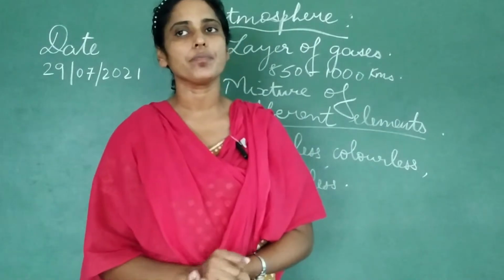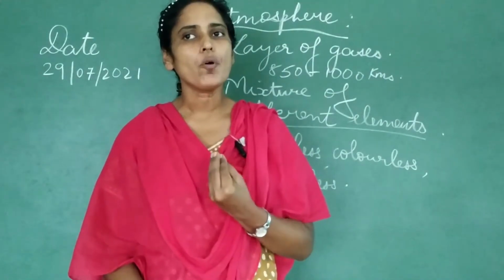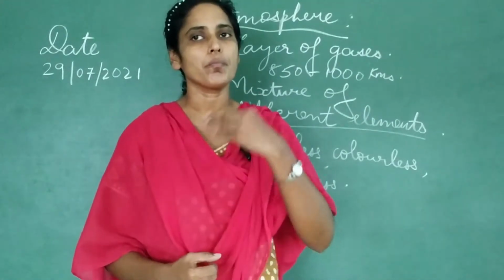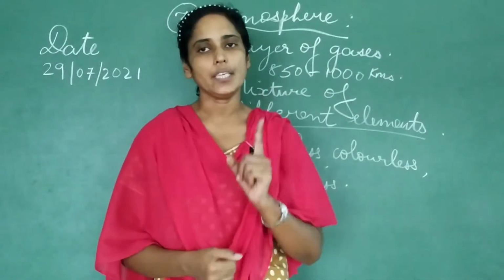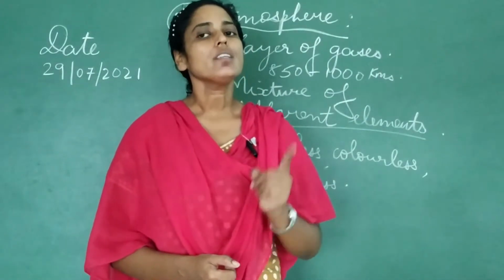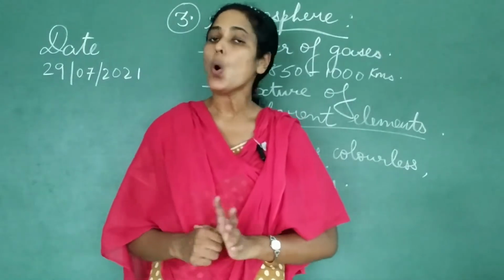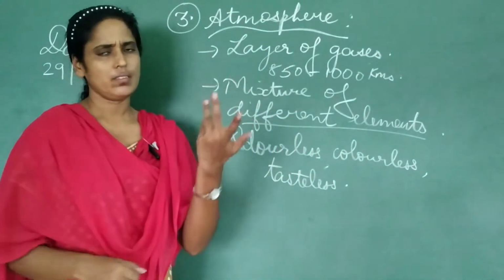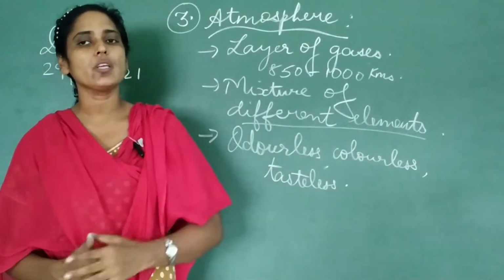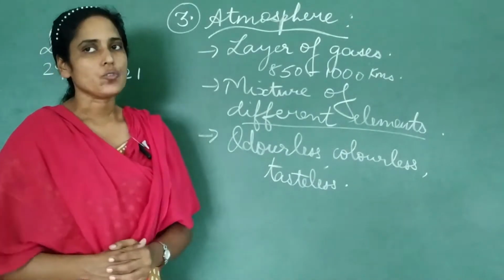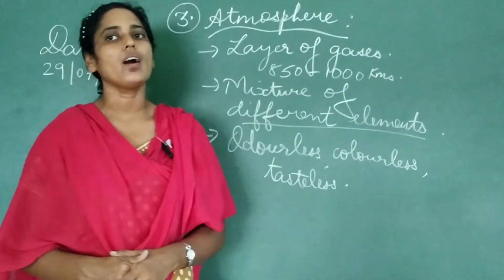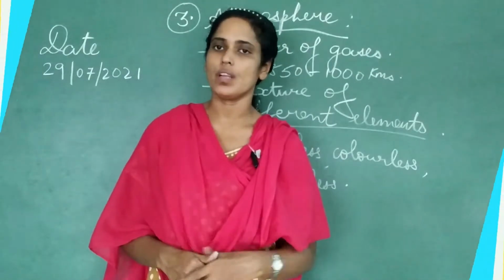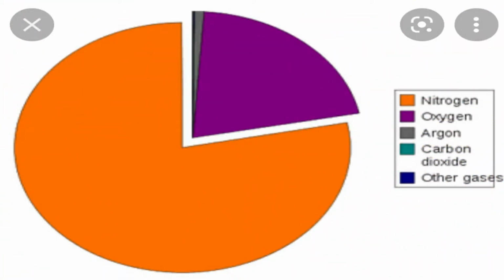And what happens? The atmosphere comprises of major gases such as nitrogen, oxygen, argon, carbon dioxide and ozone, etc. There are many gases, but some of them in the syllabus are nitrogen, oxygen, argon, carbon dioxide and ozone, etc. has to be added there because there are many gases.